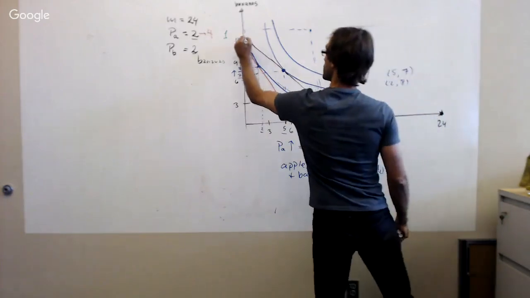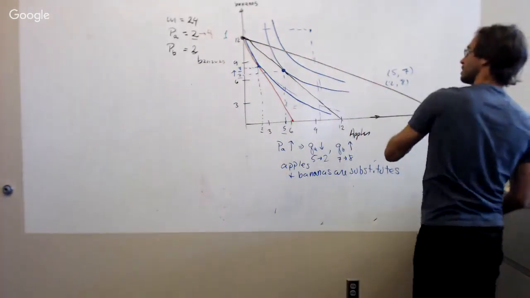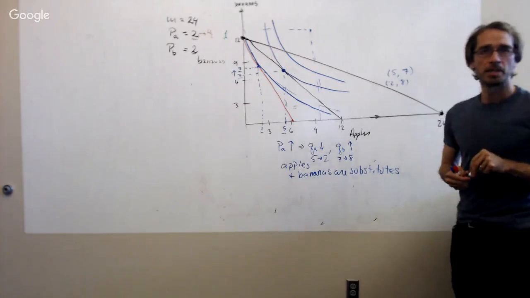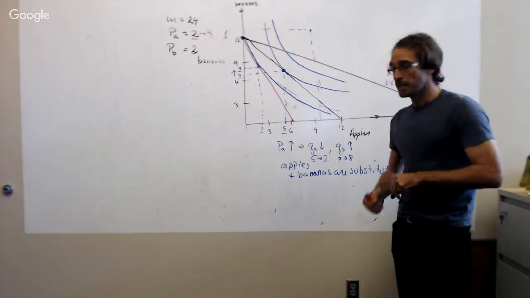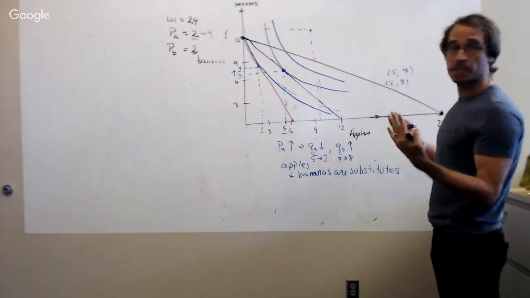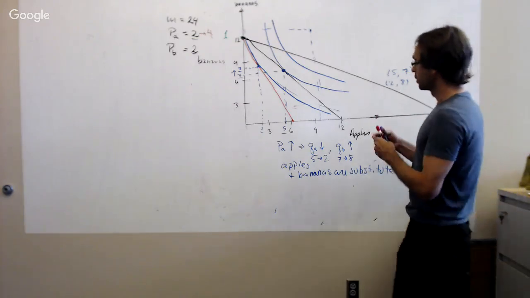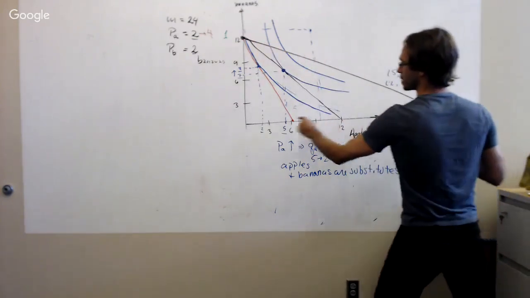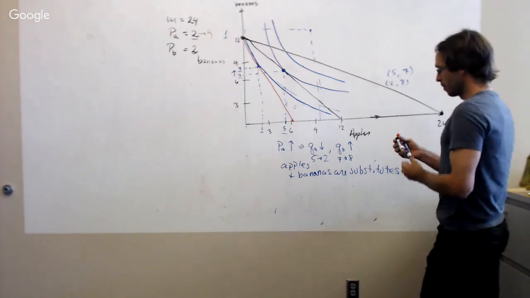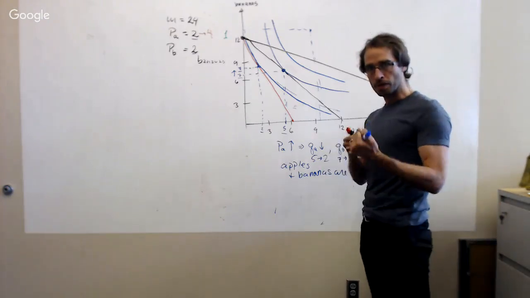And so I'm going to attempt to draw that budget constraint. And now we have a new budget constraint. Clearly, we can afford all these bundles now that the price of apples has gone down to 1, but we still want to pick the optimal bundle.